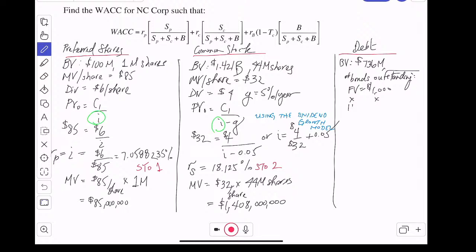Let me write this clearer. The book value should be equal to the face value per bond times the number of bonds. So that means that there have to be 736,000 bonds outstanding.